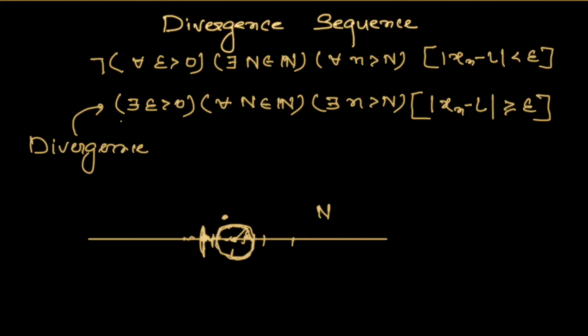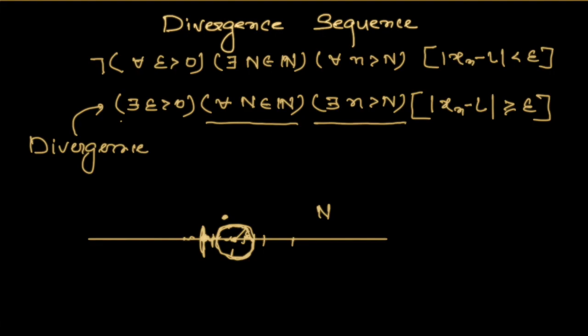And actually there is a very interesting phenomenon: this statement guarantees only one term, but due to this structure of N, you will get infinitely many terms outside this epsilon radius. You ask how? Then try to understand this.